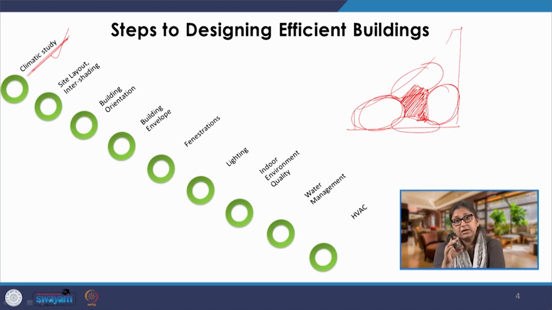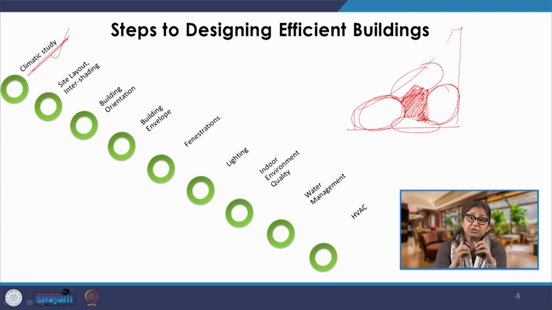Unfortunately, if you look at buildings worldwide, if you look at buildings in India, we can't differentiate between the buildings, because we respond to different climates in the same manner. India has 5 climatic zones: hot and dry, composite, warm and humid, cold, and moderate. If you look at commercial buildings in each of these regions, you will see the same type of buildings coming up, those similar looking glass and steel buildings.